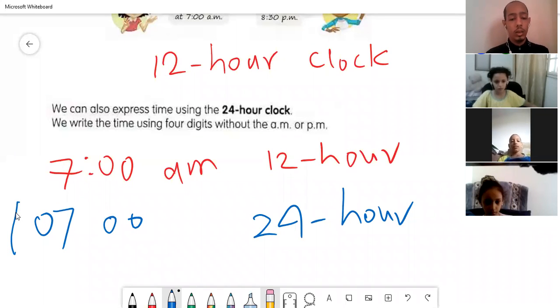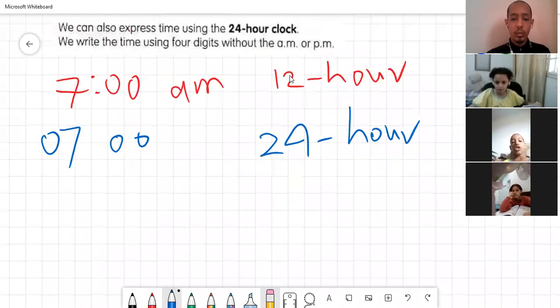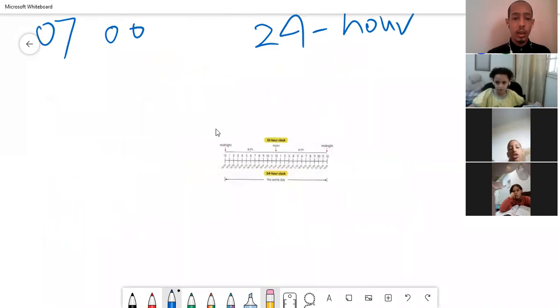But in the 12-hour clock system, we have the 2 points, and sometimes we have 3 digits, and sometimes we have 4 digits, according to the time. So let me show you the relationship between the 24-hour clock and the 12-hour clock. This is very important to know the difference.